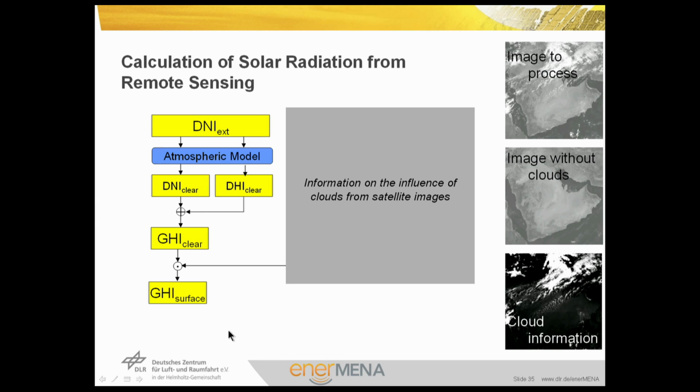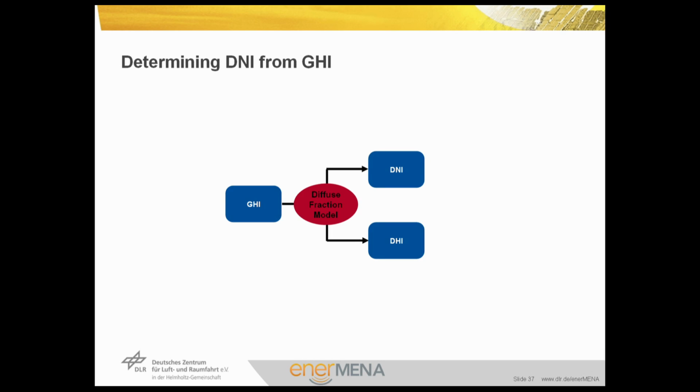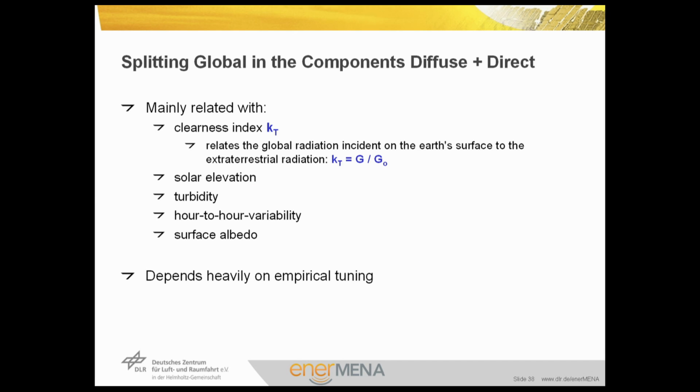Another step is necessary then. This step is the step from the surface GHI to the DNI on the surface. In order to determine DNI from GHI, diffuse fraction models are used. These models split the global radiation in the components diffuse and direct. They are mainly related with the clearness index KT.